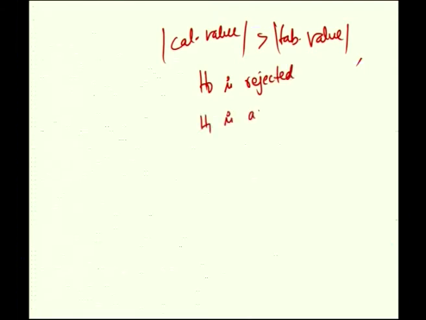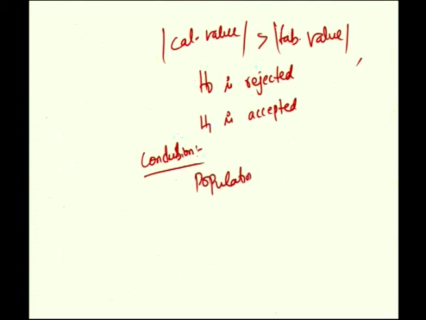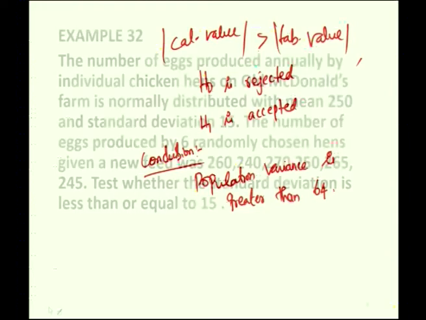H naught is rejected in the sense that H1 is accepted. What is the conclusion? We have set up in H1 that the population variance is greater than 64. So, population variance is greater than 64.